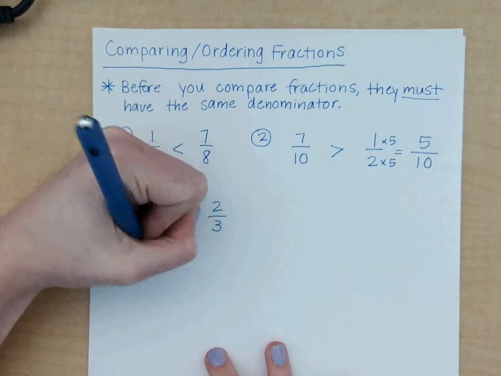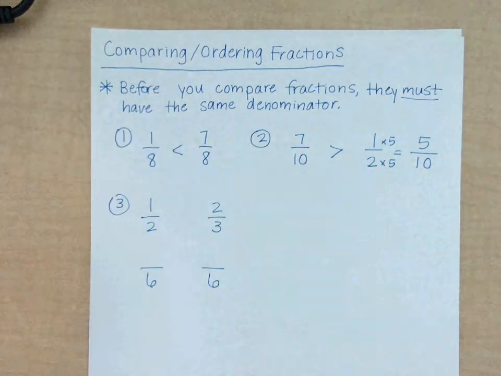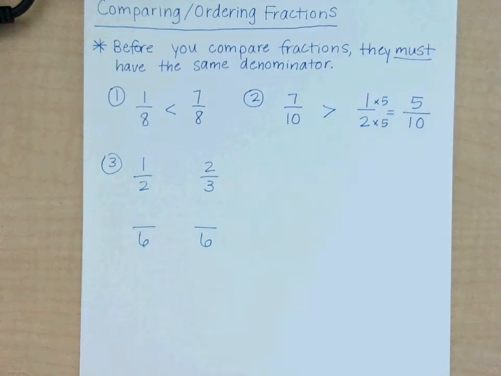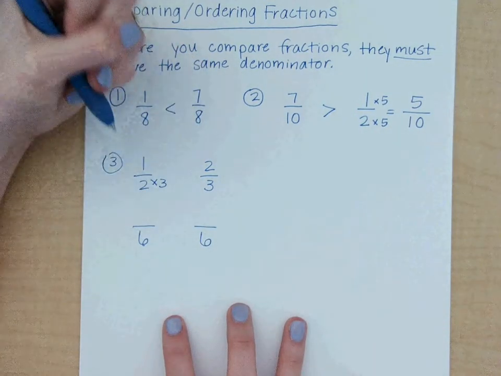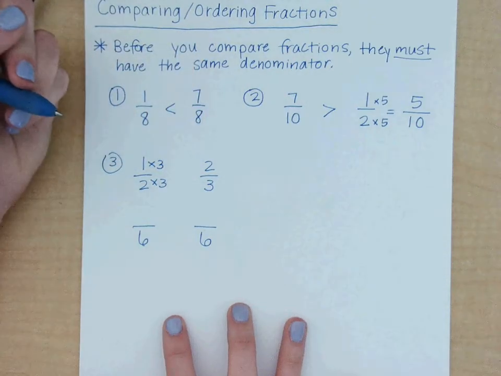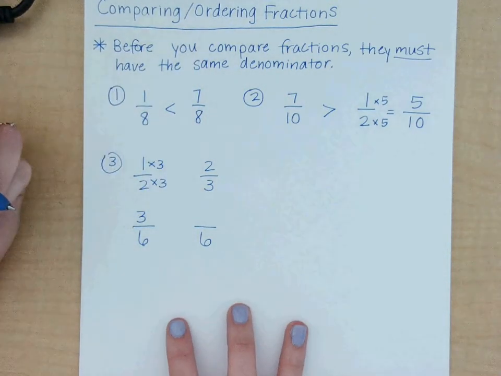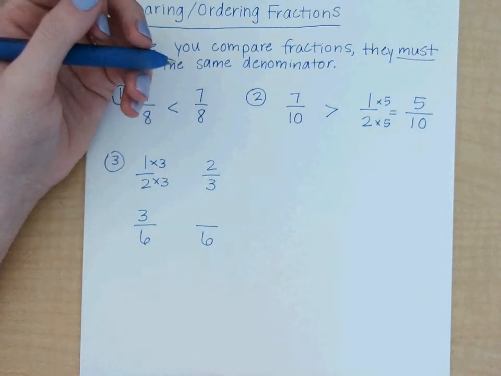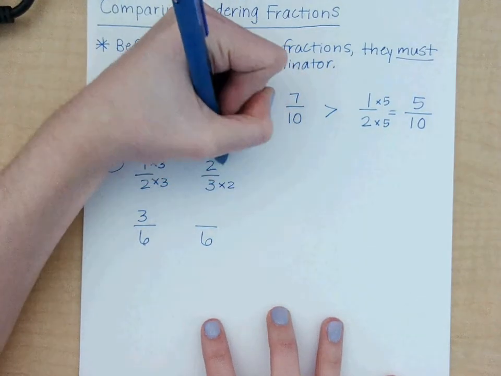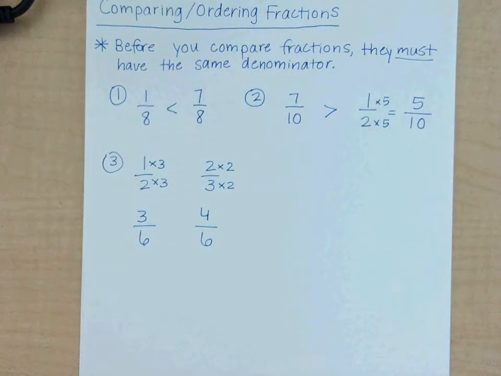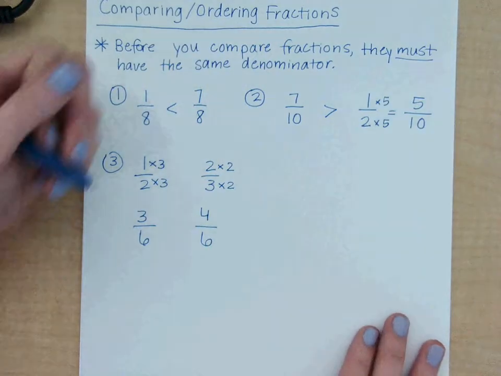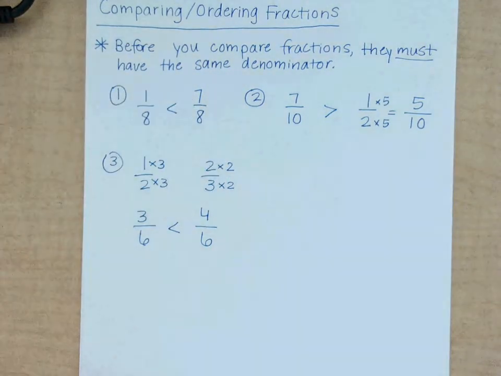They both, 2 and 3, are factors of 6. We can multiply 2 times something and 3 times something to get 6. So what do we multiply 2 by to get 6? 3. So we're going to multiply 1 times 3 as well to get 3. What do we multiply 3 by to get 6? 2. So we multiply 2 times 2 to get 4. Now can I compare these? Yes. Which one's greater? 4/6.